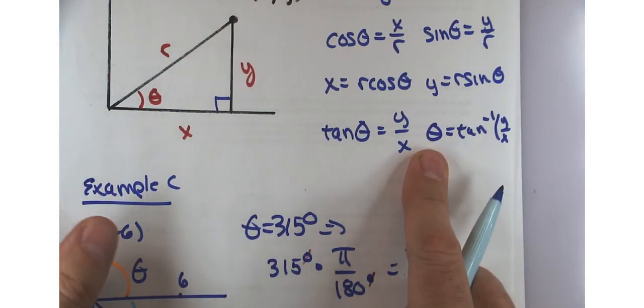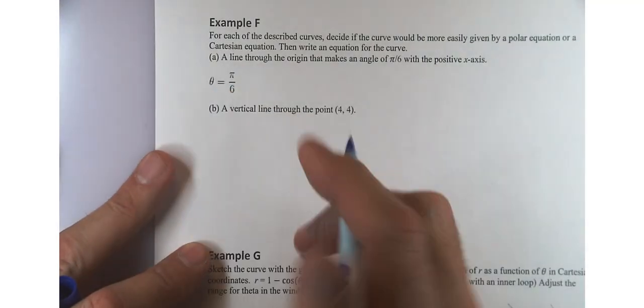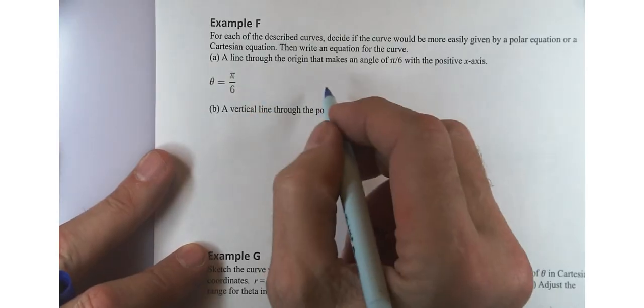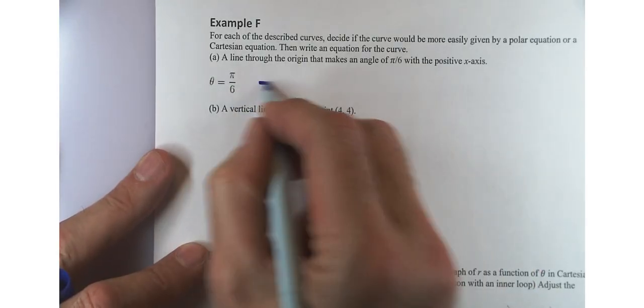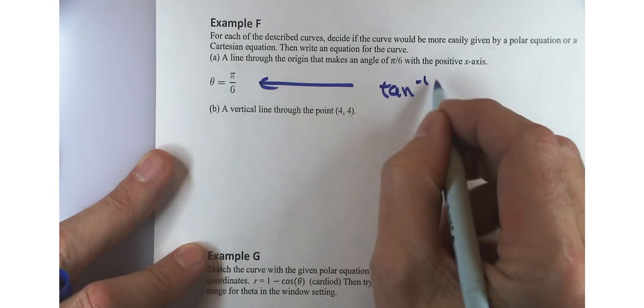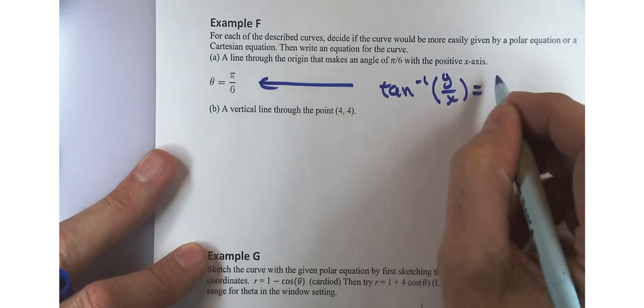So, looking back here, I can replace that theta with the inverse tangent of y over x. So tangent inverse, or the arctan, of y over x equals pi over 6.